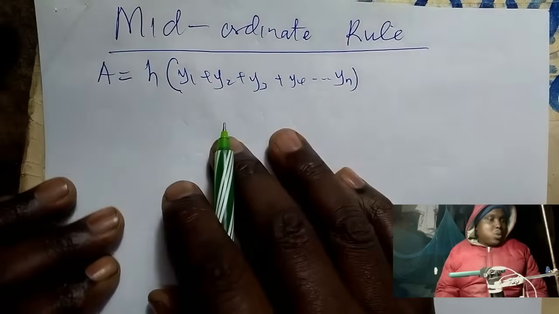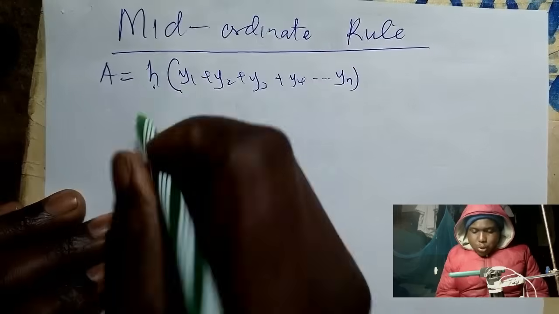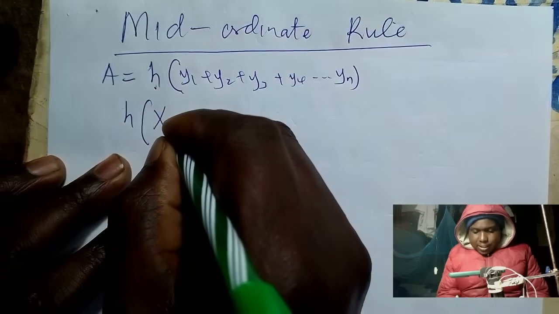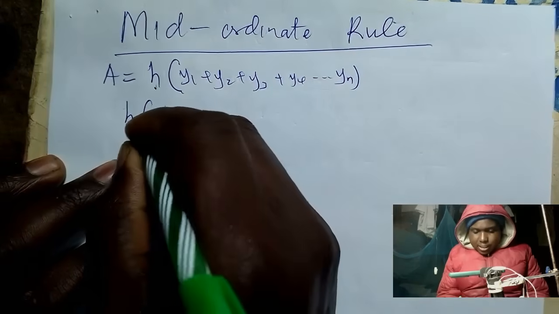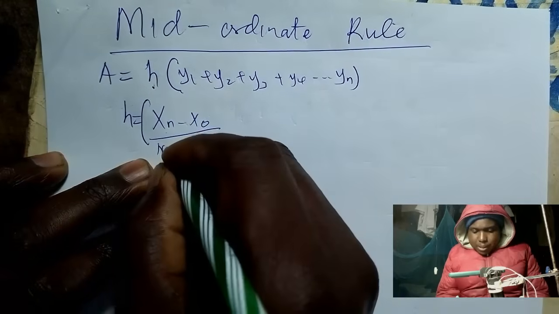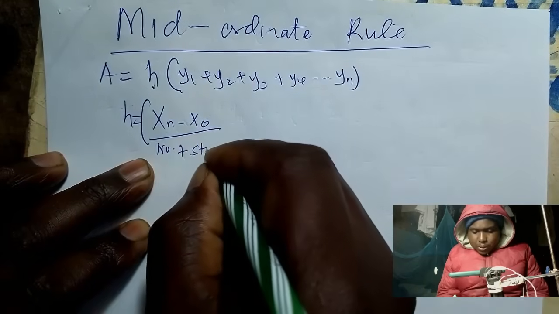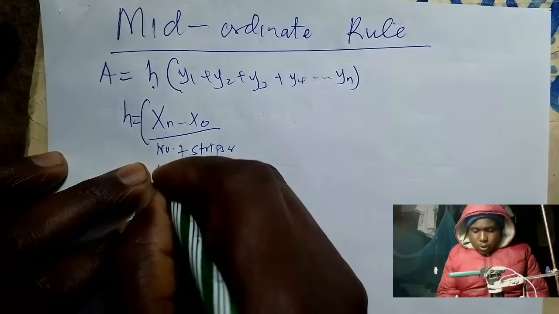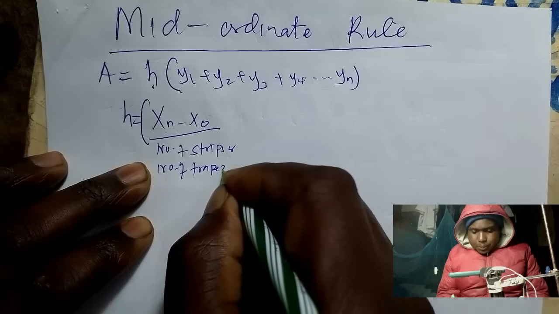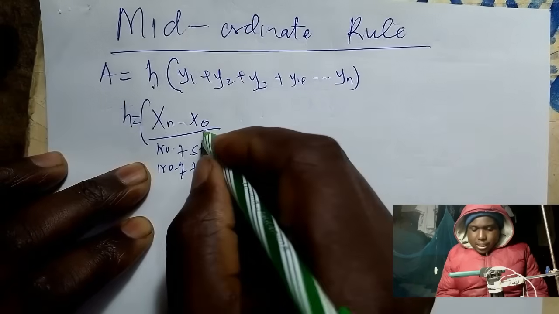So first, how do you get h? You will get h the same way we have done. h is equal to xn minus x naught over the number of strips or number of trapezium. That's how you get h.